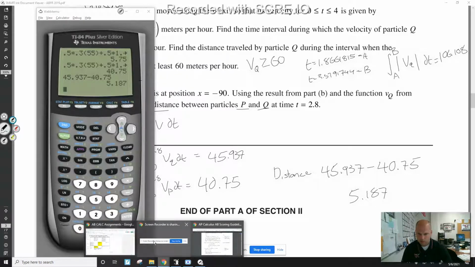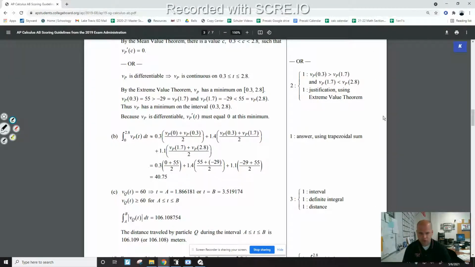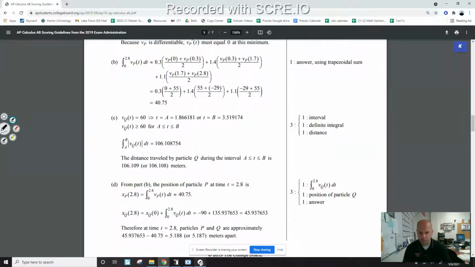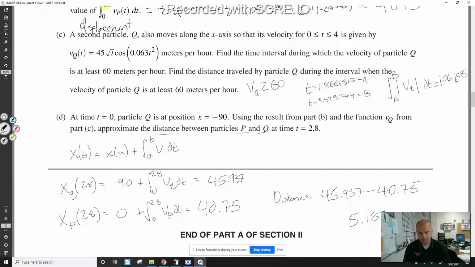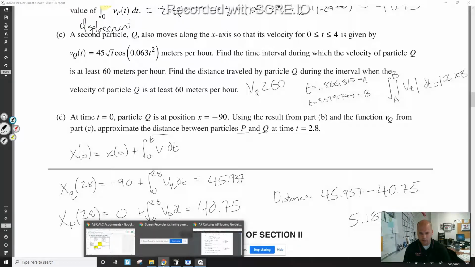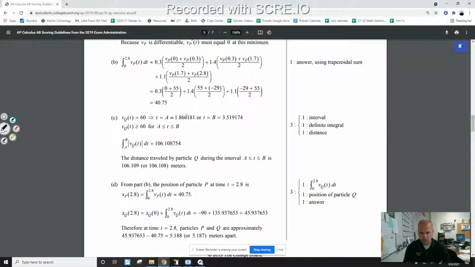Well, let's see if I screwed up on anything else. All right. Trapezoidal sum answer, you get 1 point there. Part C, you get 3 points. 106.109, boom, we got that right. So you would get points for your interval, finding the intersections, points for using a definite integral, and then getting the correct answer.